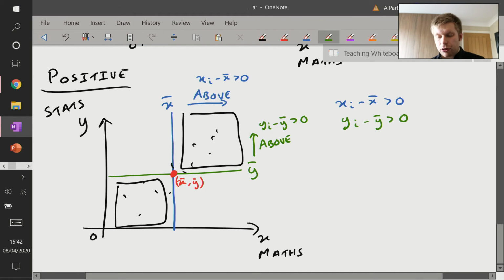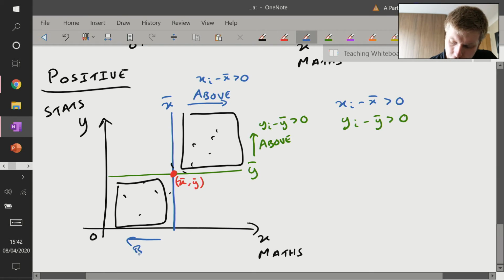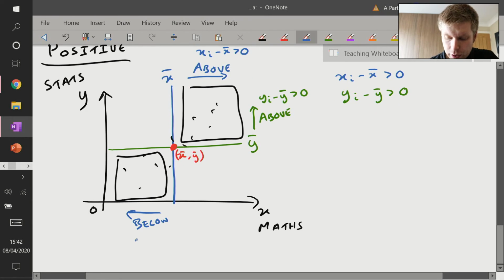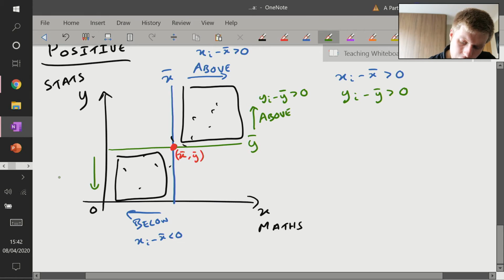But have a look at the other quadrant, down here. If you're in this quadrant, you're below average on the maths paper, because you lie to the left of that line. So xi minus x bar has got to be negative. Equally, you're below average on the stats paper as well, because you lie below that line.